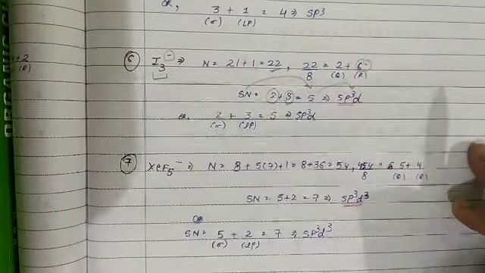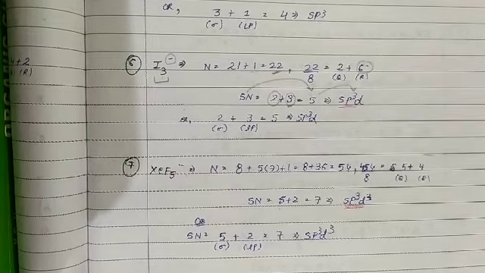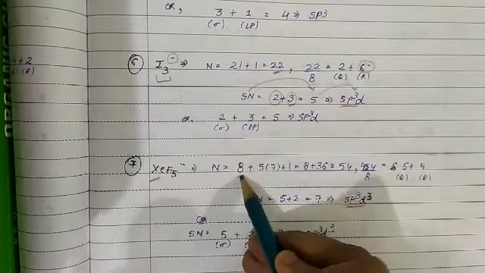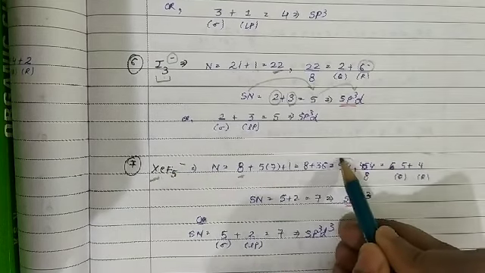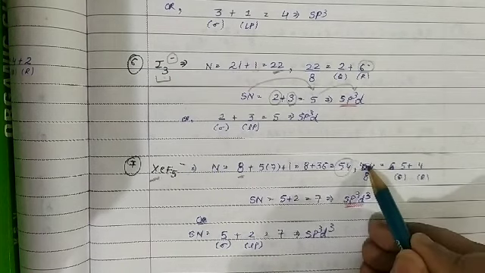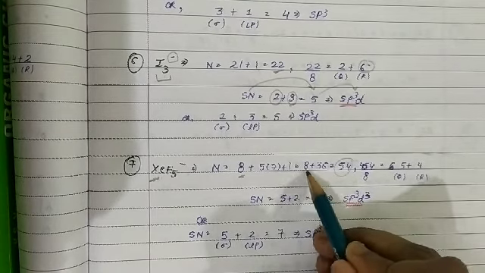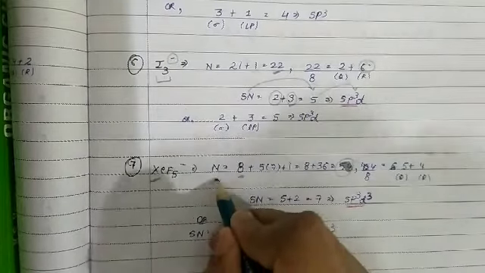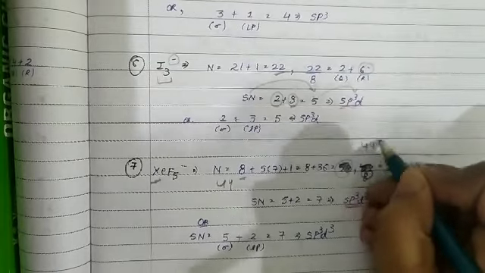See the next example. Next example is XeF5 negative. Xenon group 18, so valence electron 8, fluorine group 17, 7 into 5 plus 1, so number of valence electrons is 44. Now divide 44 by 8.